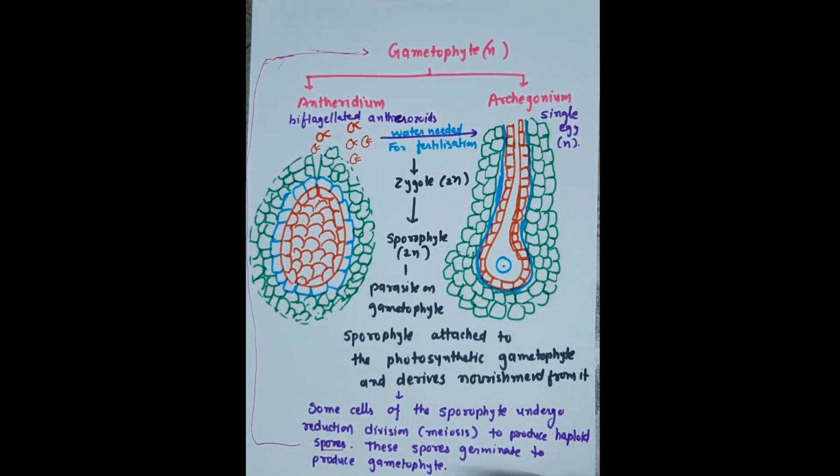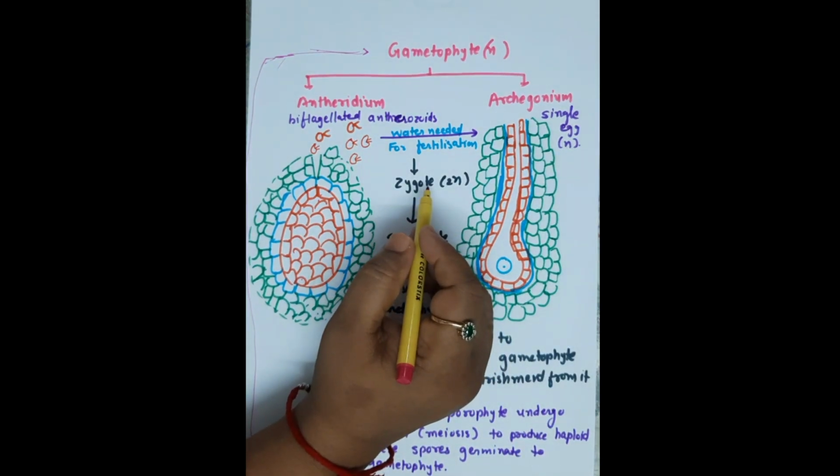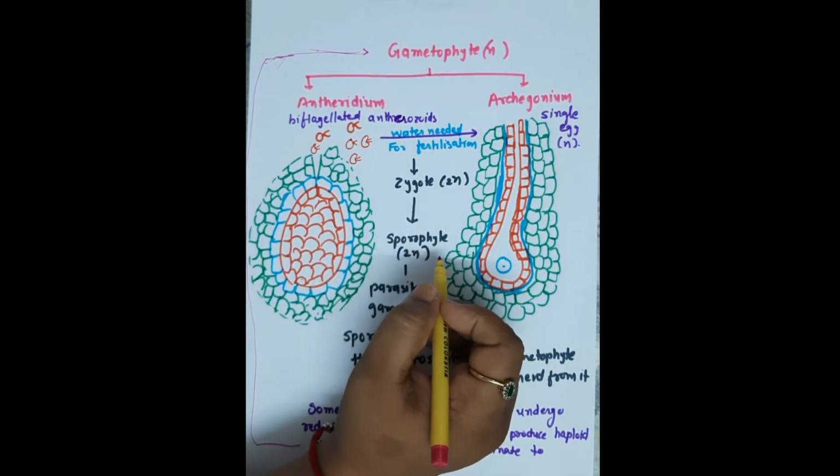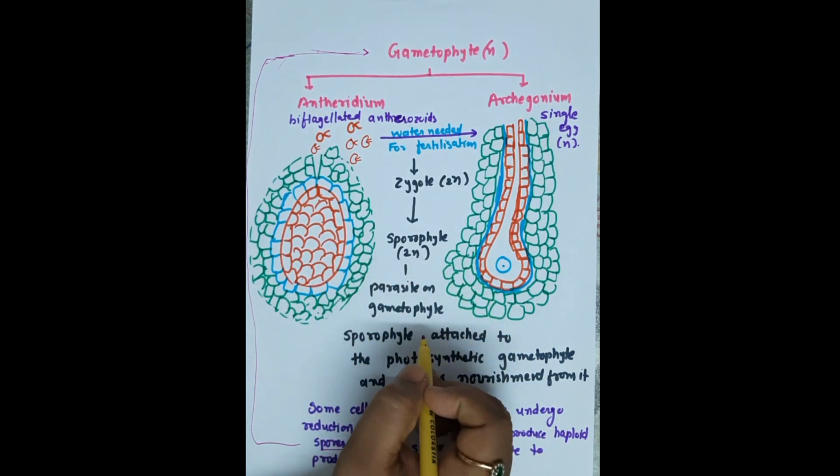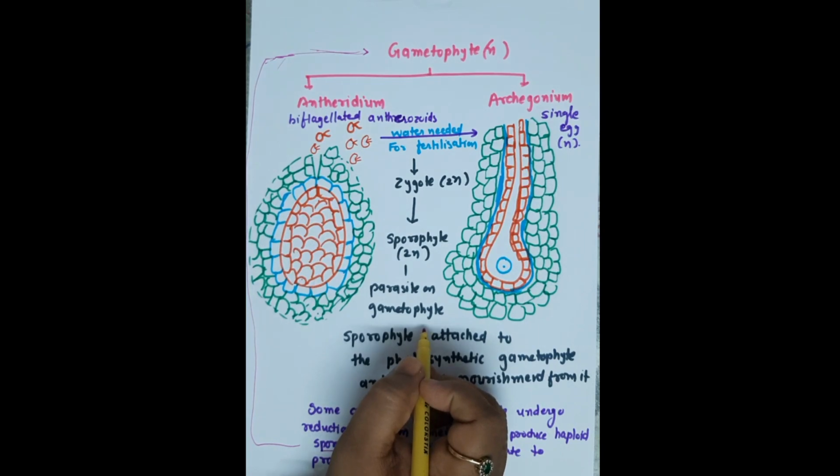Remember that the male sex organ is the antheridium, the female sex organ is the archegonium. For fertilization, water is needed. After fertilization, the zygote develops into the sporophyte, which is diploid and which is a parasite on the gametophyte.